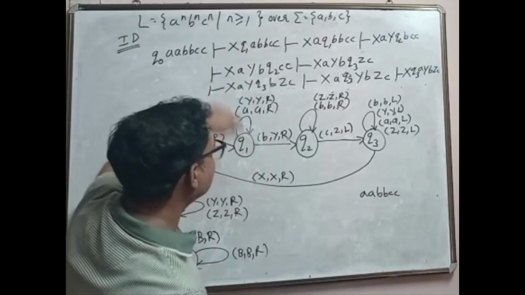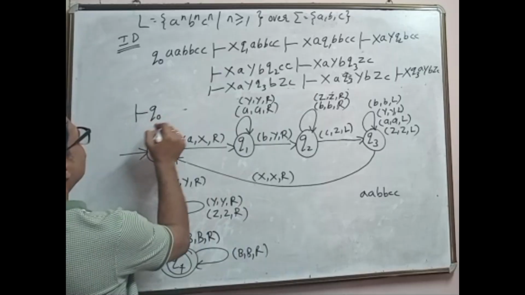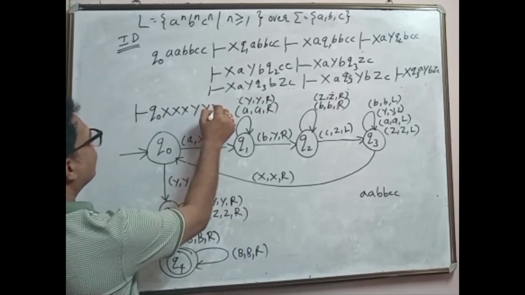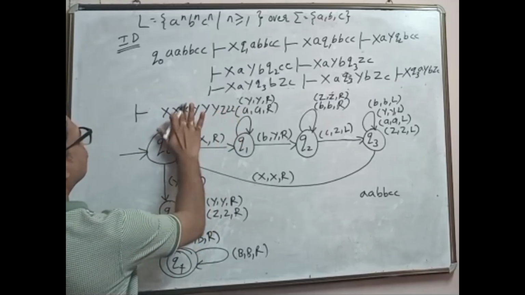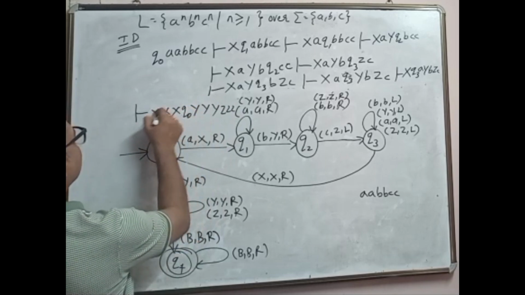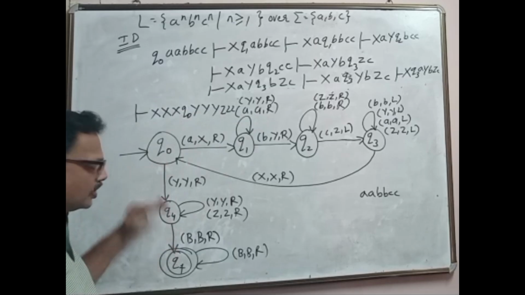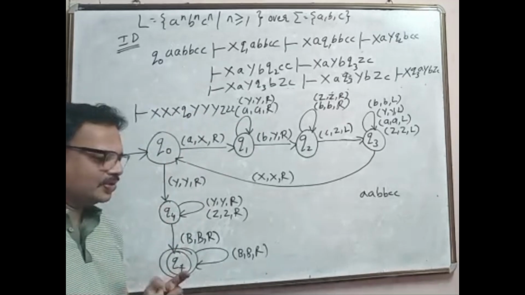When you complete all the loops, it will be Q naught, X, X, X, Y, Y, Y, Z, Z, Z. So Q naught will be here, sorry. Q naught will be here. Okay. Then you can plan for the terminating transitions. So I hope you understood this.